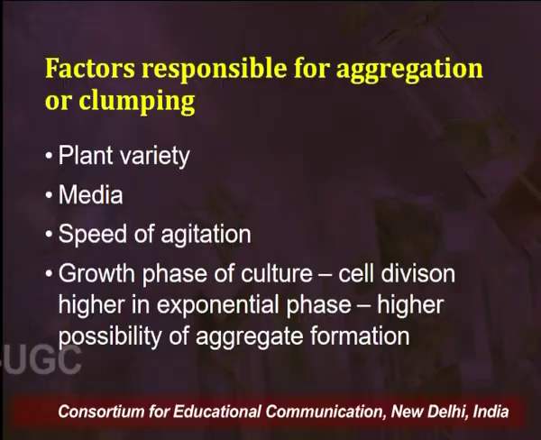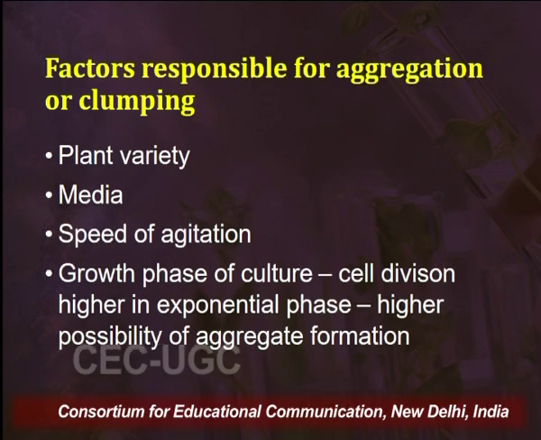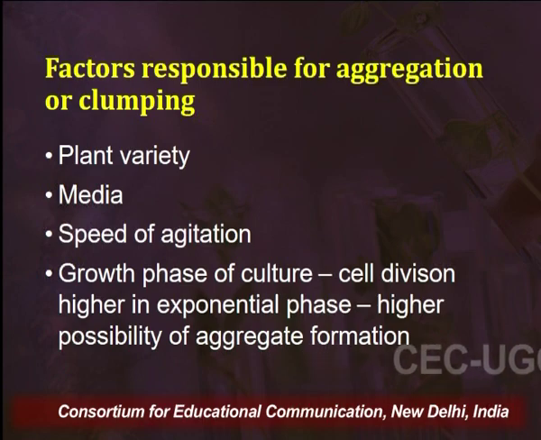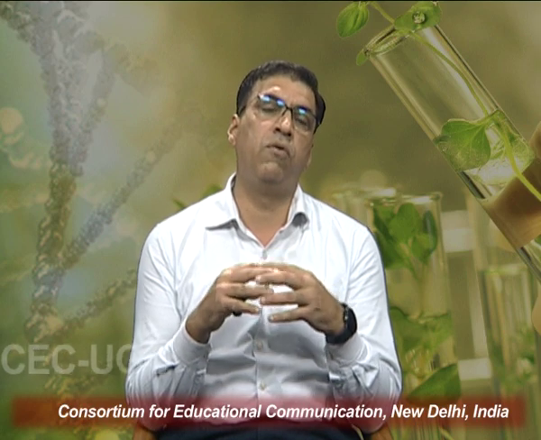Therefore, aggregation also depends upon the growth phase of the culture, and depending upon the growth phase, we have to optimize the other conditions during the culture. So, if we look into the overall composition of the suspension culture, we will find two types of cellular fragments, or we can classify the components of a suspension culture in two categories.